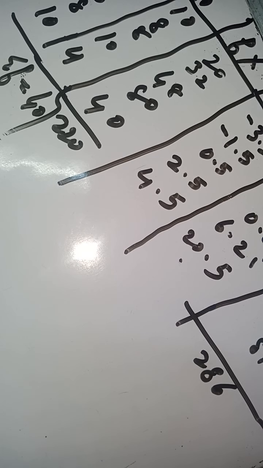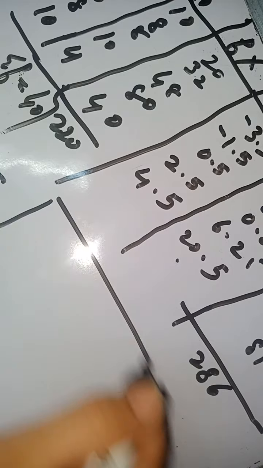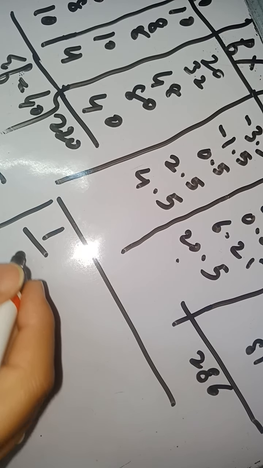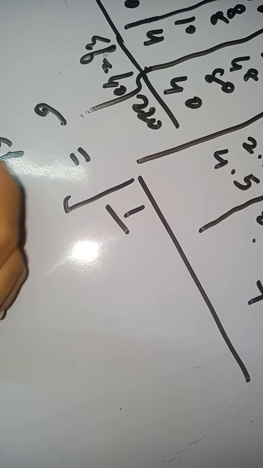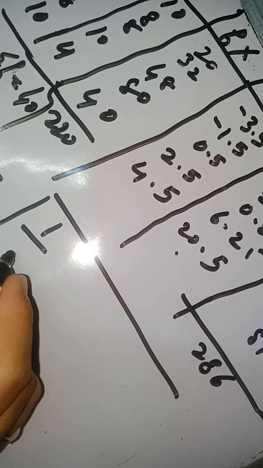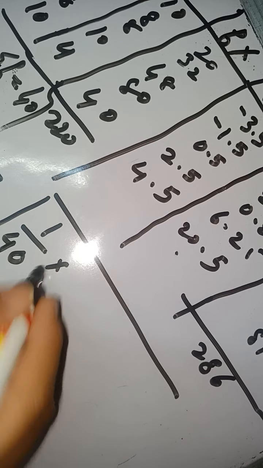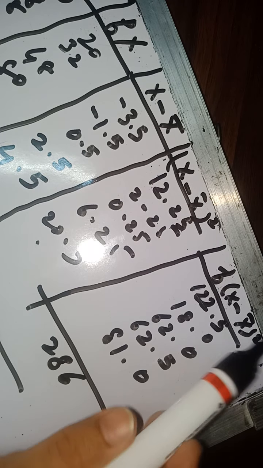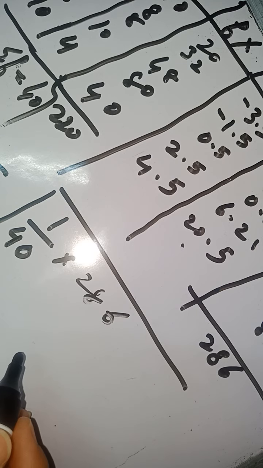Next we apply the formula: sigma equals the square root of 1 by capital N, where capital N is summation f. So here summation f is 40, into summation f (x minus x bar) square, that is 286.